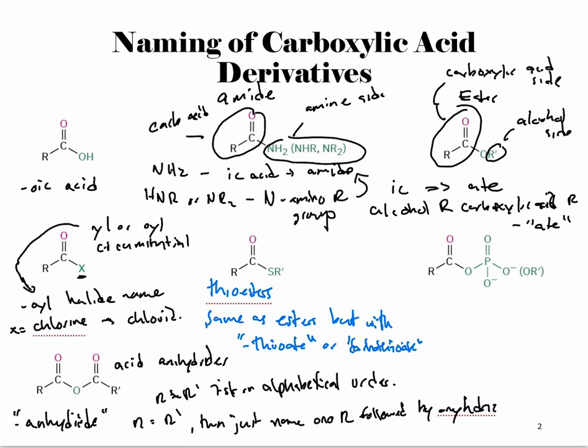And these are called acyl phosphates. Acyl phosphates are named by naming the acyl group and just adding the phosphate. So this is like formyl or whatever we talked about last time, benzoyl. So you say benzoyl phosphate, for example.